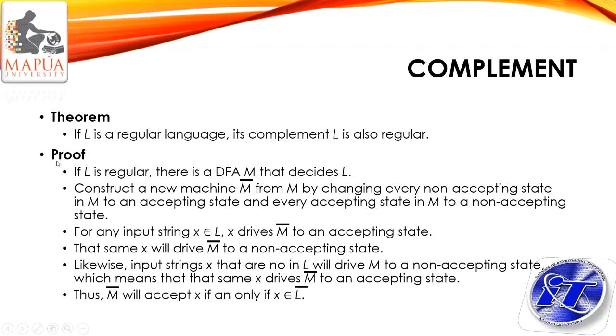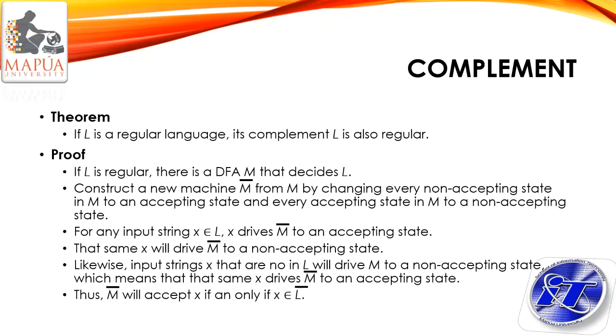Going back to this theorem, if L is regular, there is a DFA M that decides L. If we get the complement of this language, there is a complement machine that accepts the strings of the complement of the original language.